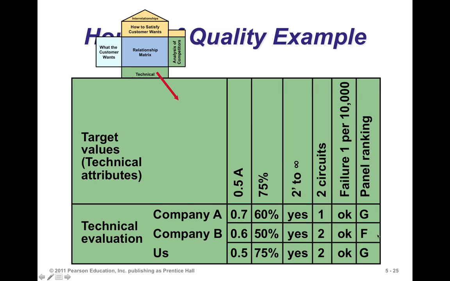So we'd have a panel actually rank the ease of use of the camera or the ergonomic design of it. And then we have a technical evaluation, which basically says how does company A perform on those, how does company B, and here's where we are. Here is where we want to be on those as well.